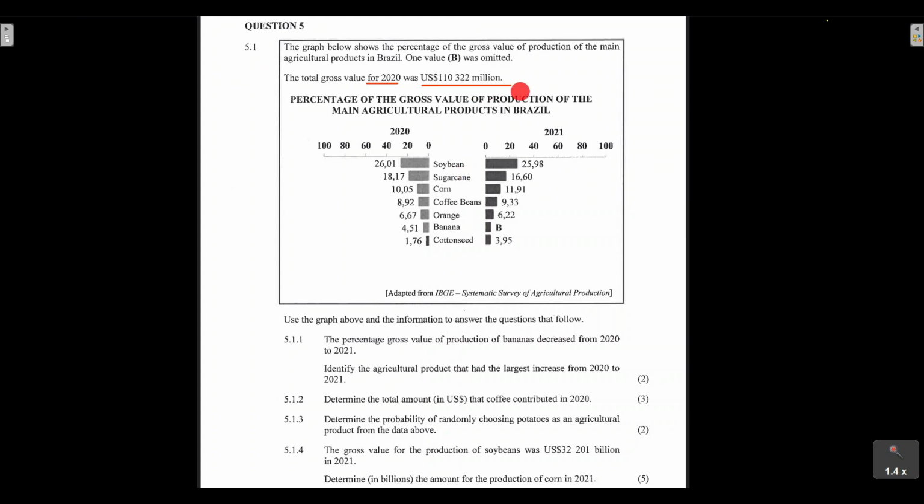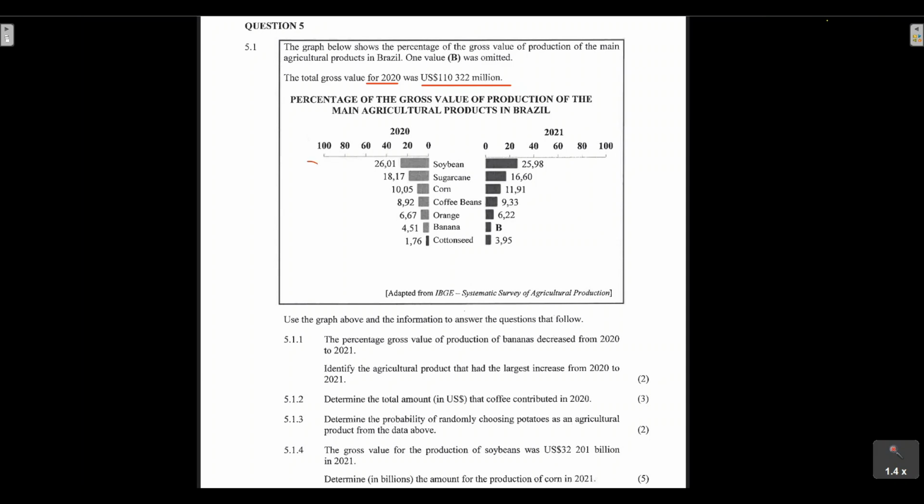This is where this information becomes useful, because it tells us that if we produce 26.01% of soybeans, to determine the revenue that we've obtained from producing these soybeans, we use the total gross value for the production for 2020.